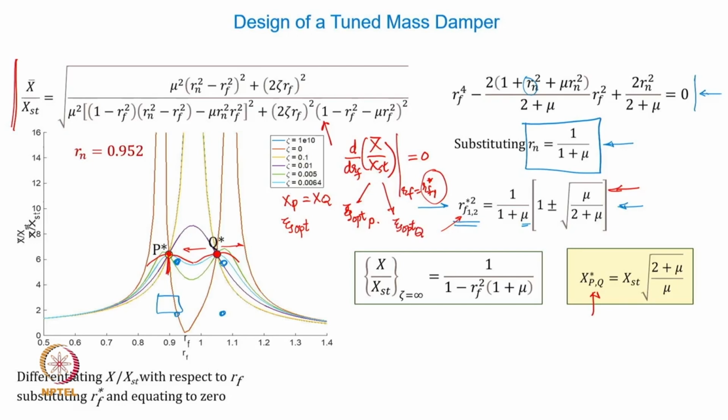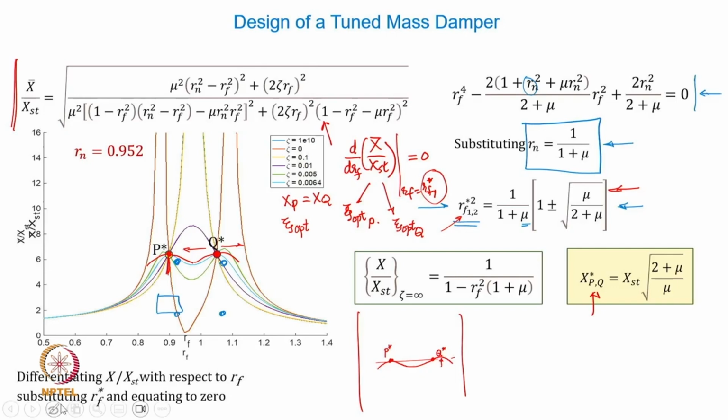Now usually it is seen that if you do this way, and this xp and xq, or p star and q star, have equal amplitude, if you optimize it for p, it will not be optimized for q, but then it will not peak to a larger value.